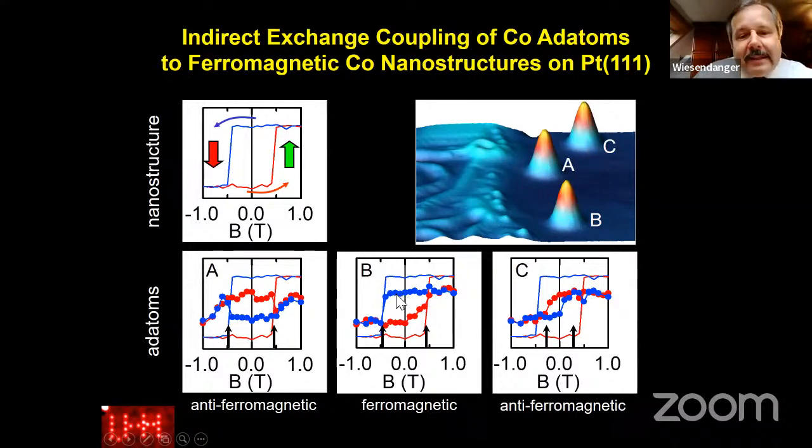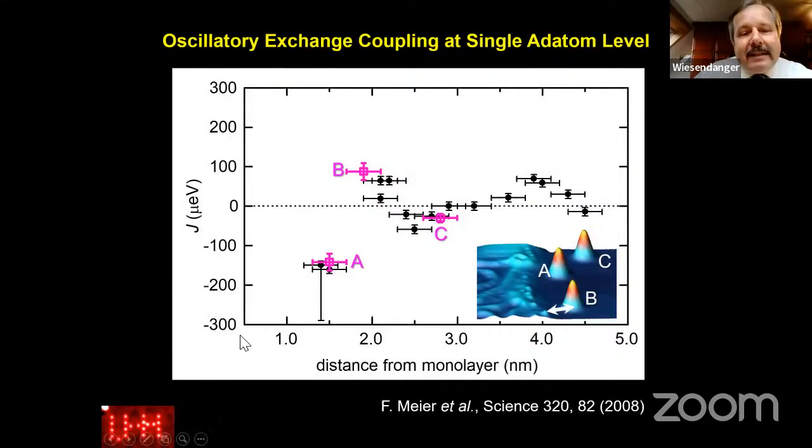Now, if you have the same sequence of the red branch and blue branch, here we basically found that this is indicative of ferromagnetic coupling, whereas if you reverse the sequence of the branches, basically this is indicative of antiferromagnetic coupling. And we could even derive the magnitude of the indirect magnetic exchange coupling, which is actually active here, which explains the open hysteresis loops, meaning that we could derive not only for 3 atoms, but for many atoms, basically the strength of the indirect magnetic exchange coupling from the atoms to the cobalt nanostripe as a function of distance of the atoms.